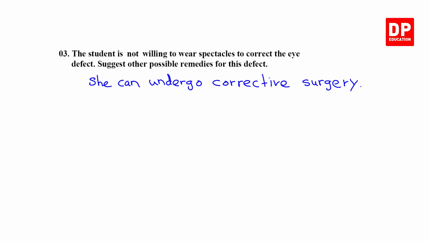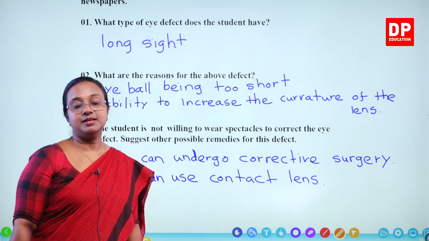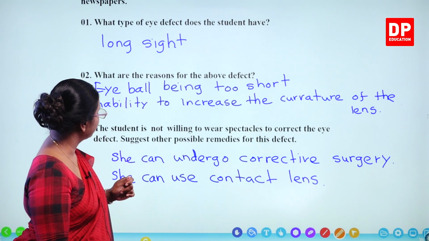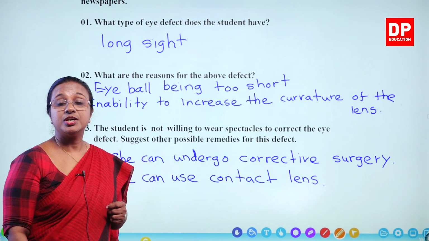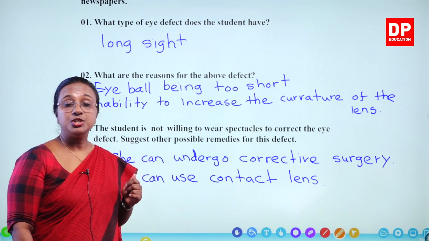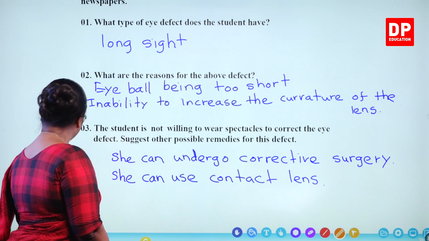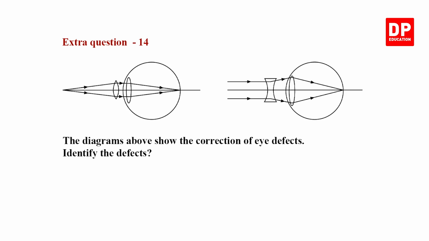So she can use contact lenses. So those are two methods that can be used by her as remedies to correct the defect. I am sure you were also able to answer these. So with that, I will move on to the next one.